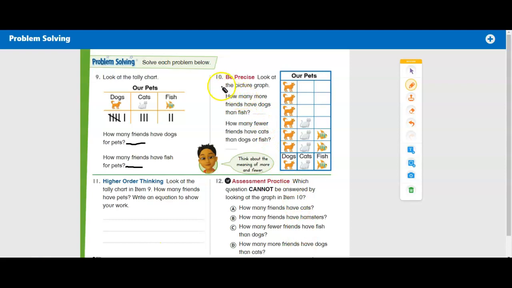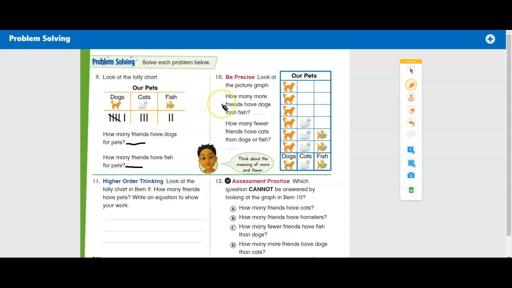Number 10 says, look at the picture graph. How many more friends have dogs than fish? Remember that what we see here in the picture graph is also what we see here in the tally chart.